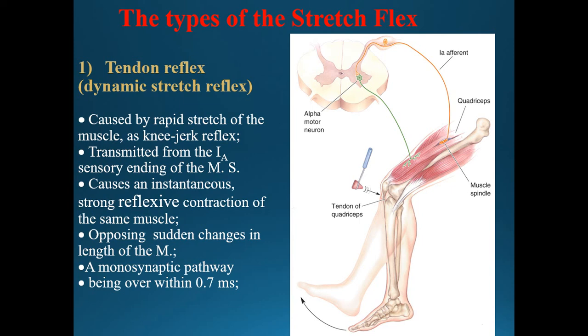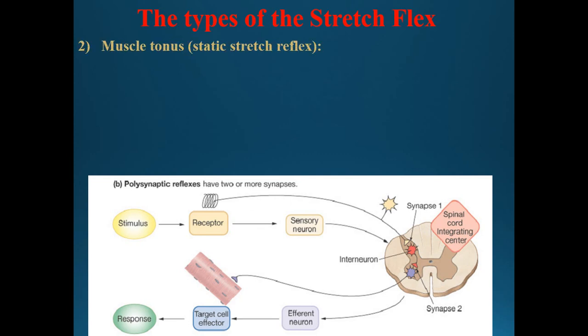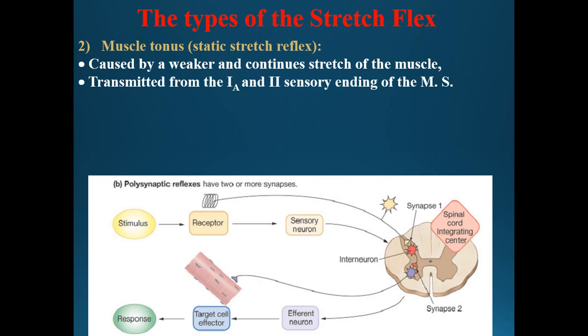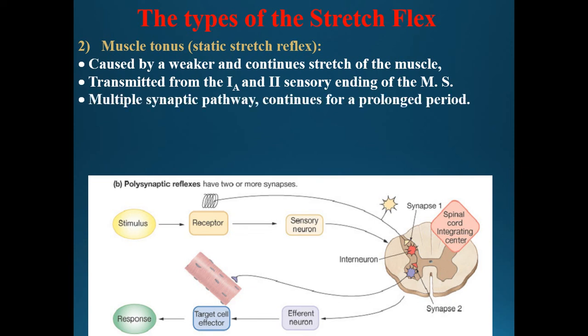Type 2, muscle tonus, called the static stretch reflex, caused by a weaker and continuous stretch of the muscle, transmitted from the type 1 and type 2 sensory endings of the muscle spindle, through multiple synaptic pathways continuing for a prolonged period.